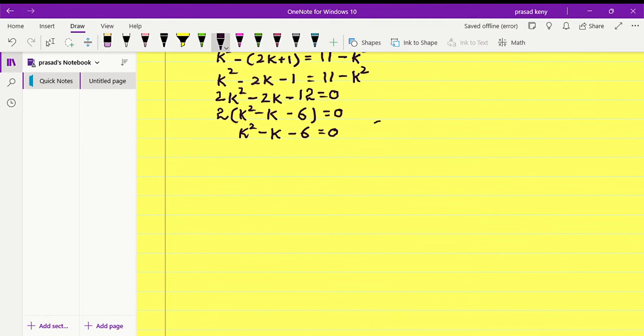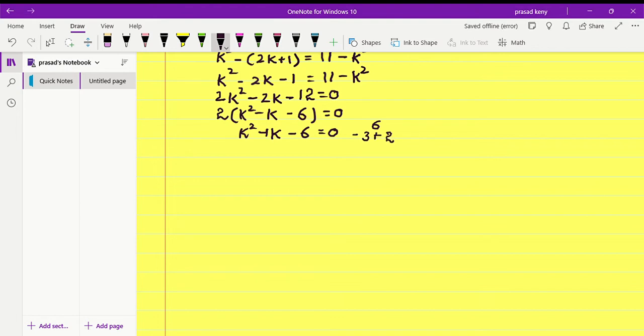Factors of 6: now the sign of the constant is negative, so factors of 6 such that the difference is equal to 1, the coefficient of k. That is 3 and 2. Since I want negative 1 here, negative 3 and positive 2.